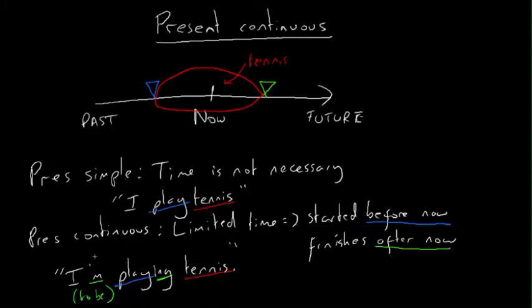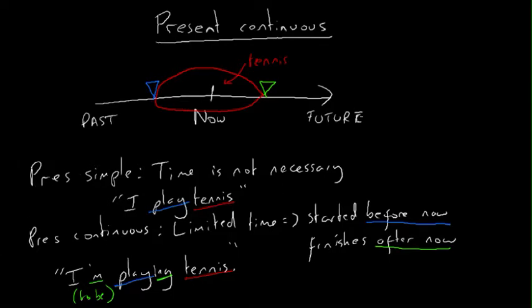First of all, when we see be plus an ing on the end of the verb, we know that this is the kind of perception we're thinking about. Something that happens now, that started before now, and that will finish after now. We can call this a temporary period of time, a limited period of time, and that's basically what we're looking at with the present continuous.